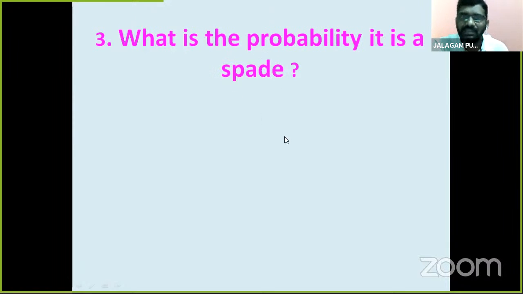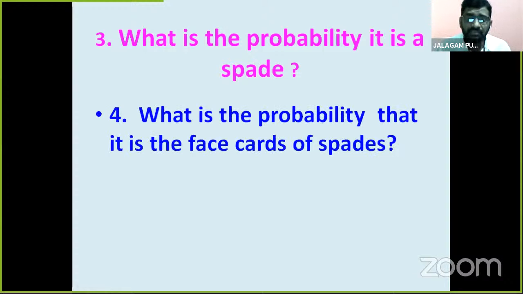Yes, divided by the total number of cards in the deck. Do that one, children. And the fourth one: what is the probability that it is a face card of spades? In the third one, it was total spades, but here it is face cards of spades.